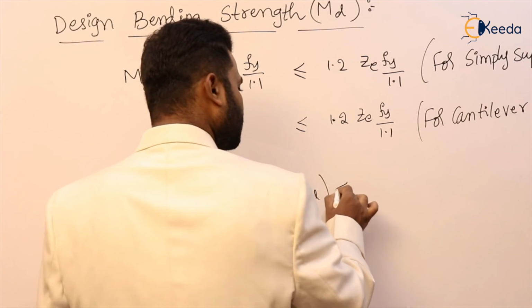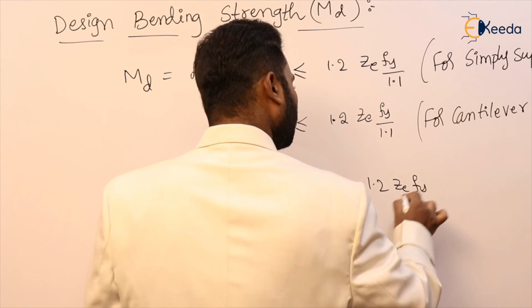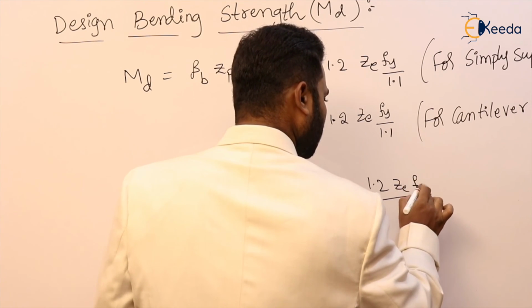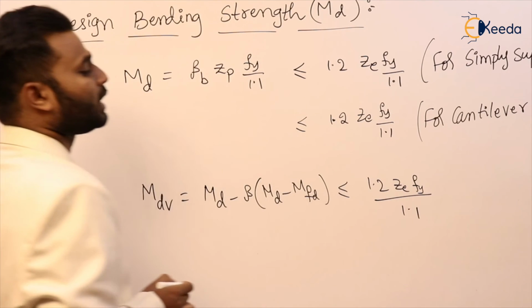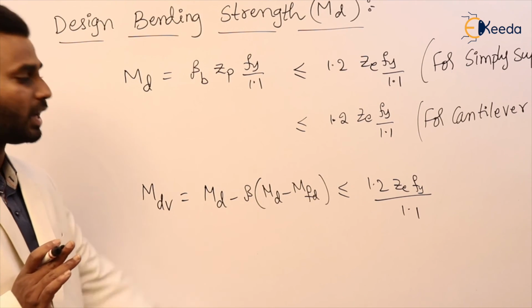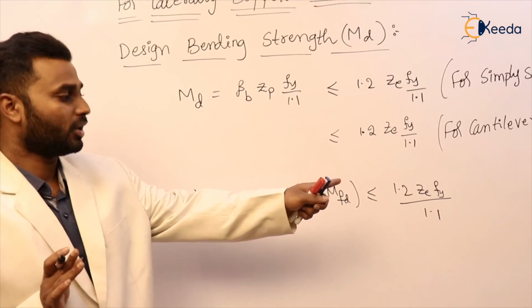This should be less than or equal to 1.2 Ze Fy by 1.1. In high shear case, there are no two cases like simply supported beam and cantilever. For all cases, this Mdv should be less than or equal to 1.2 Ze Fy by 1.1.